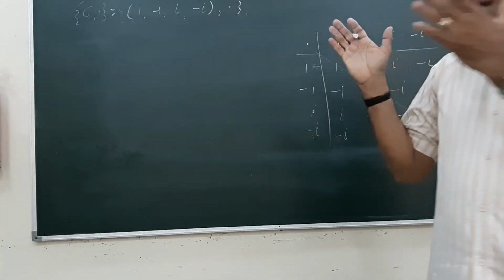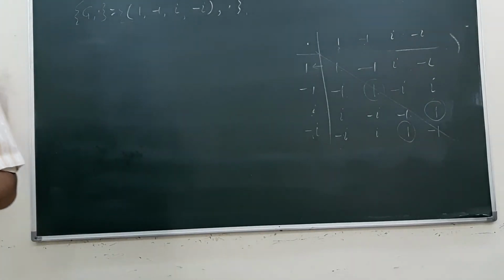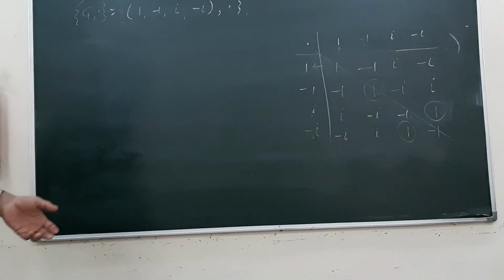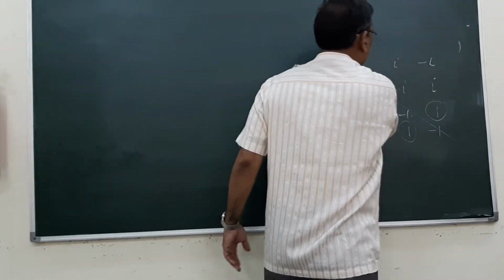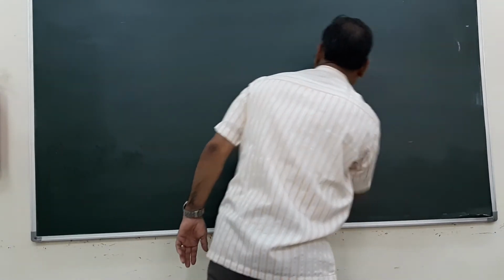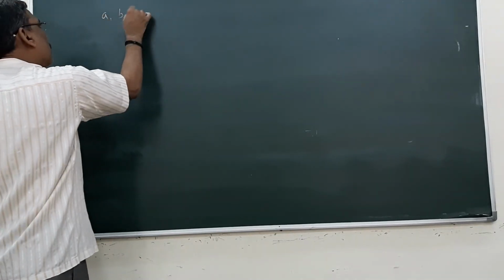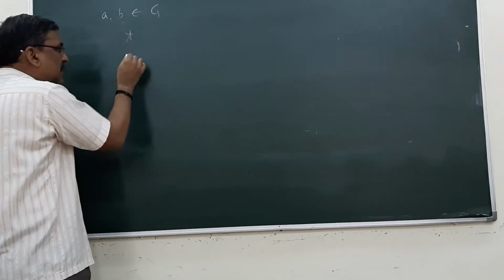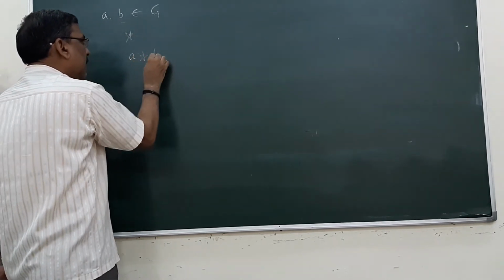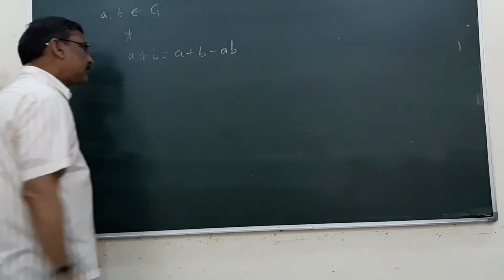Sometimes the number of elements is not given, but we are given a property about the elements. Say A and B belong to G, and an operation star is defined in such a way that A star B is equal to A plus B minus AB.